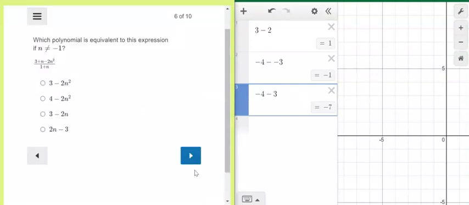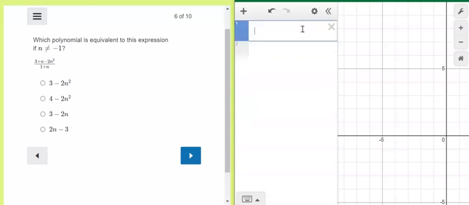It says here, which polynomial is equivalent? Alright guys, so for this one, I will go ahead and do it in decimals. I don't have the time in this video to go through this by factoring it. Basically, as I'm typing it, I'll explain it.